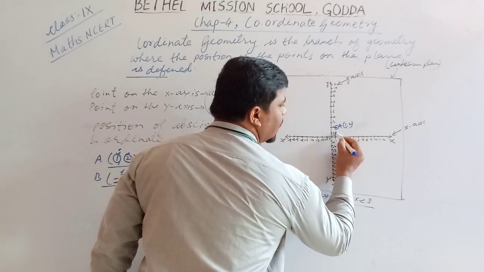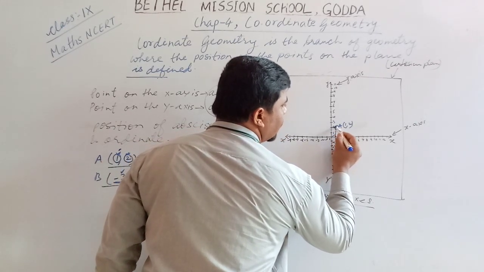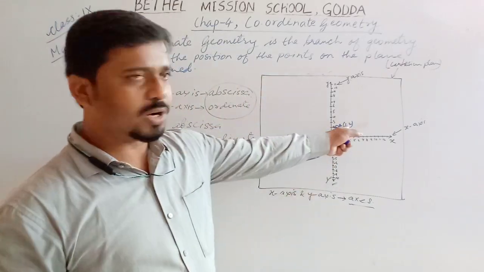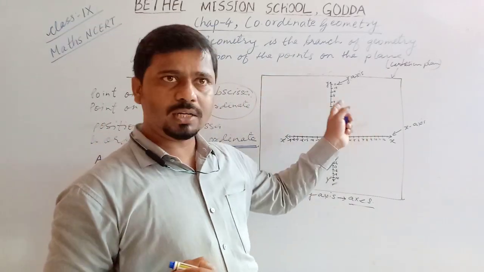From here you draw dotted perpendicular lines, and where they meet, that point is the coordinate (1, 2).